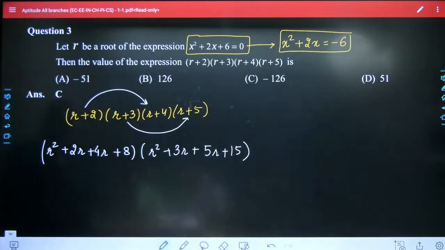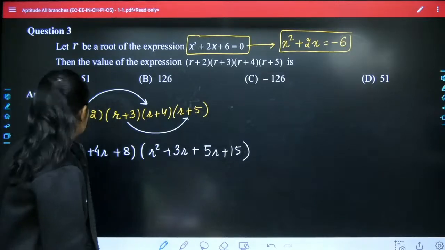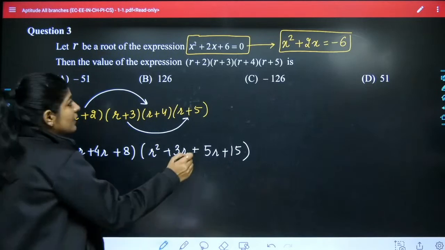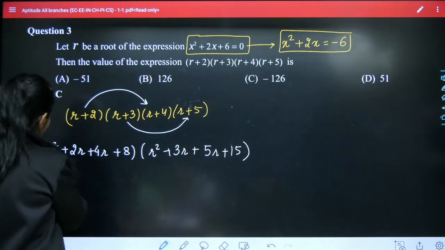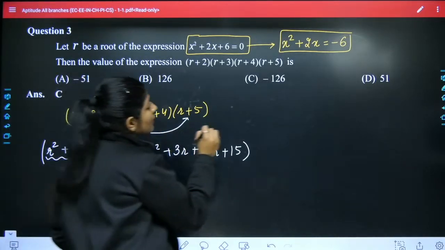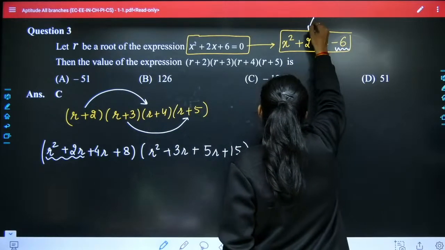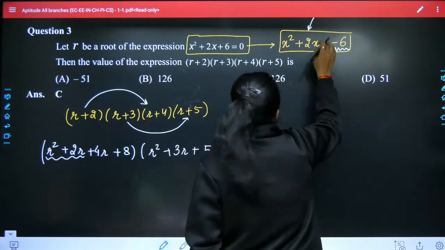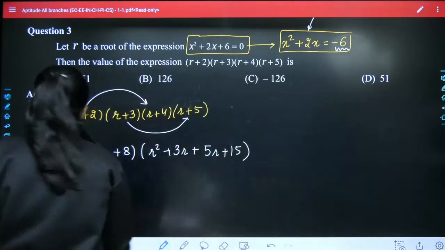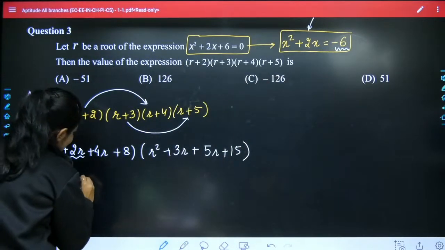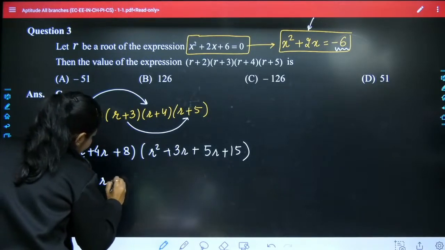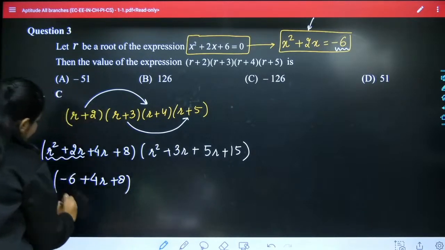We can write it like this. Now we can put the value of this as -6, because we can say that x square plus 2x equals -6, right? So here we can write -6 plus 4R plus 8, right?